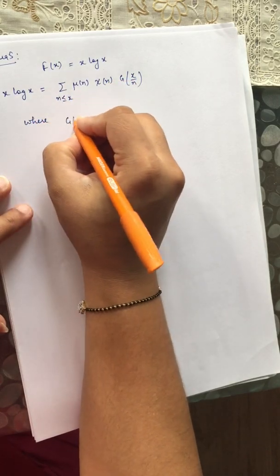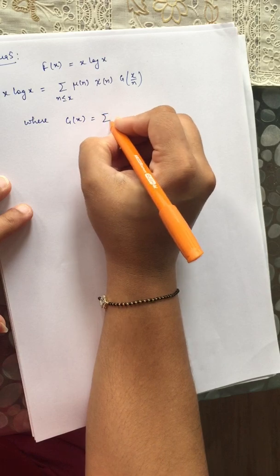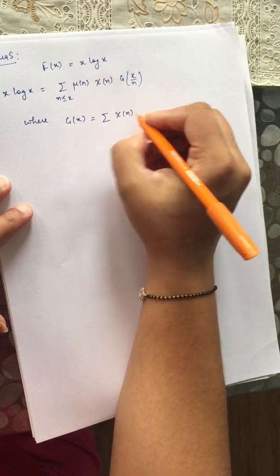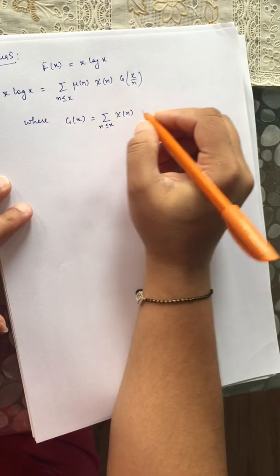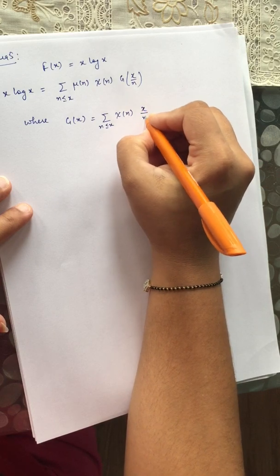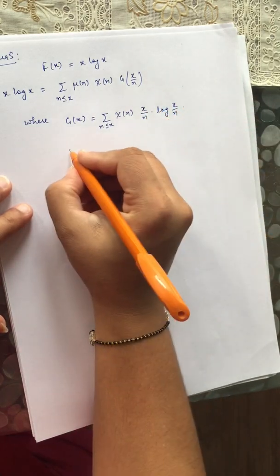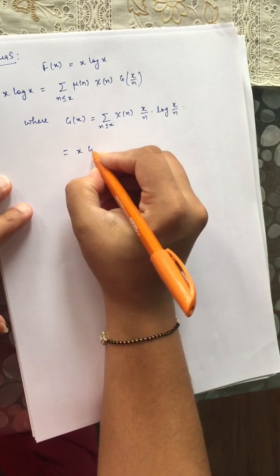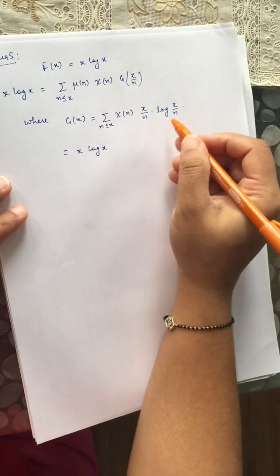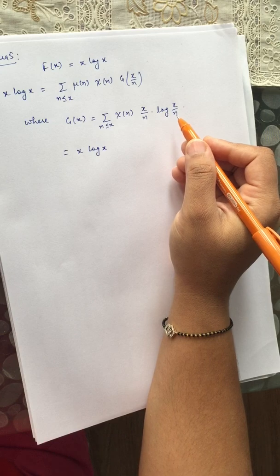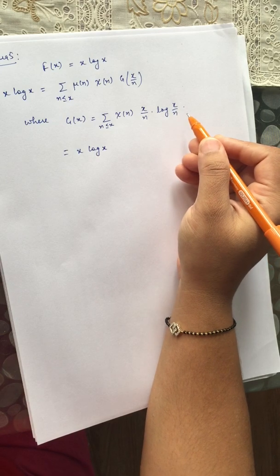is summation chi(n) f(x/n), which means x/n into log x/n. So this becomes x log x. This log of x/n can be written as log x minus log n.